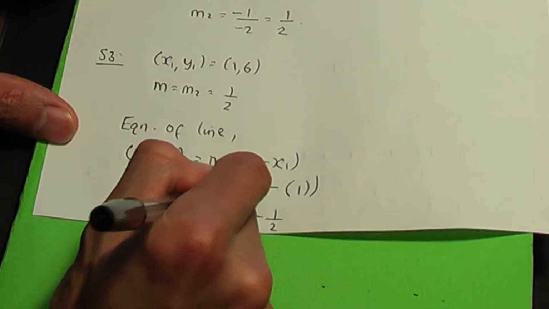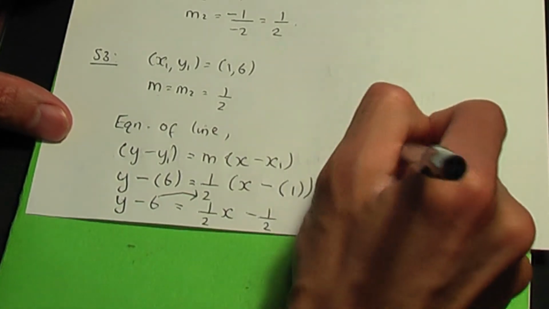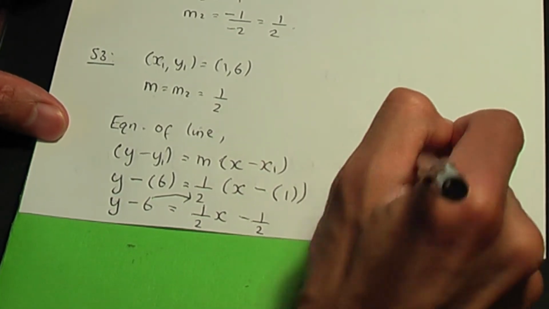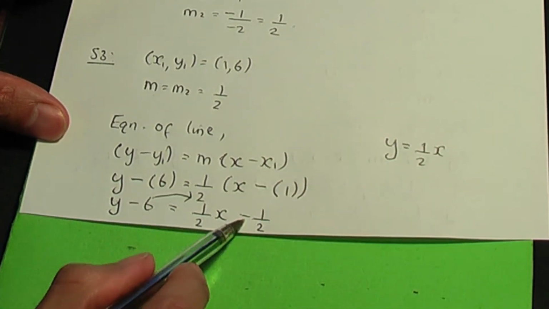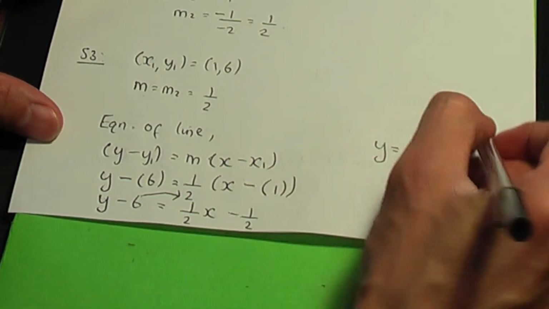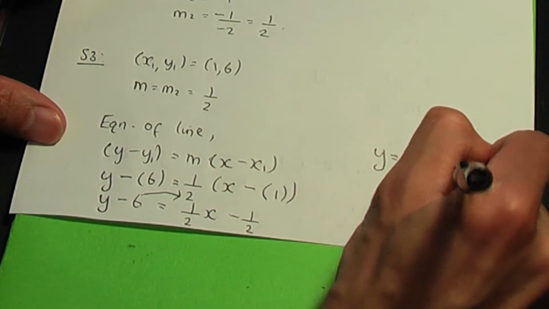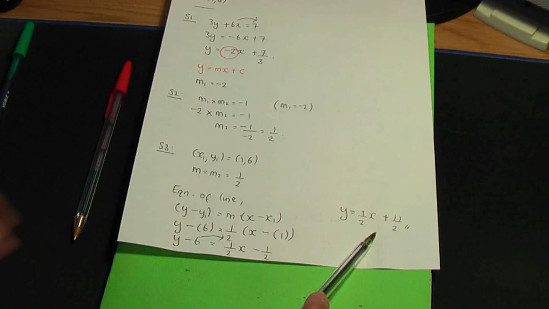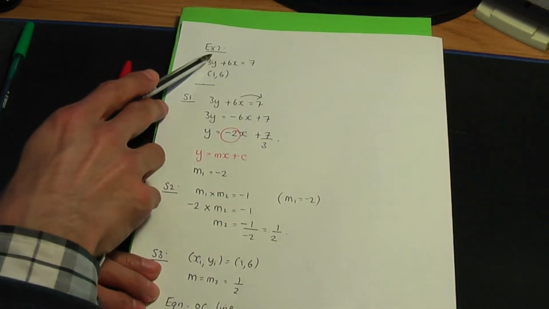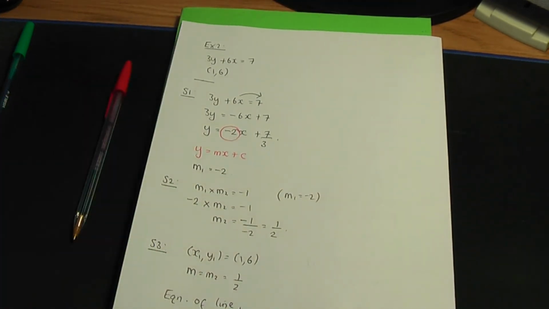And if I finally take the minus 6 to the opposite side, we're going to have y is equal to half x, and minus half plus 6 is plus 11 over 2. So that should be the answer to example number 2. Okay?